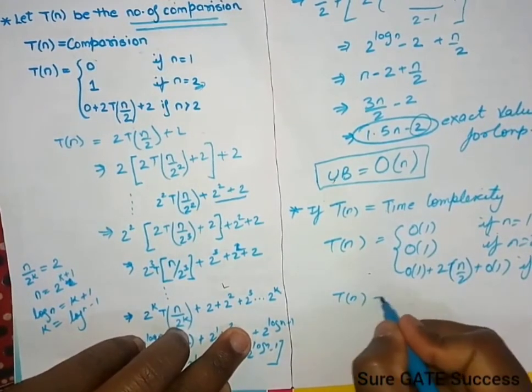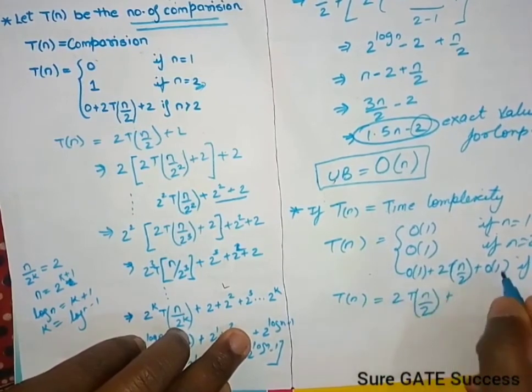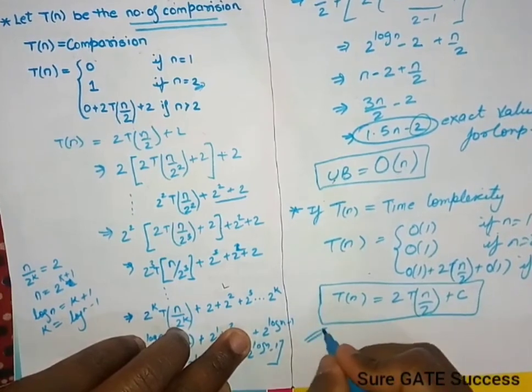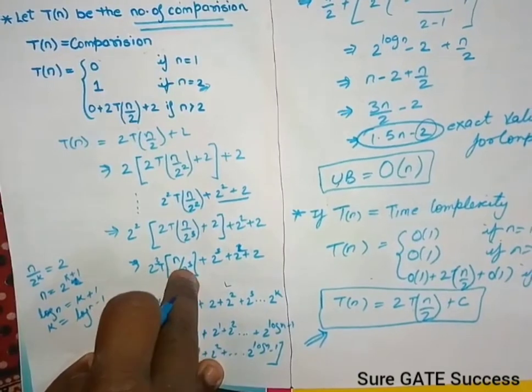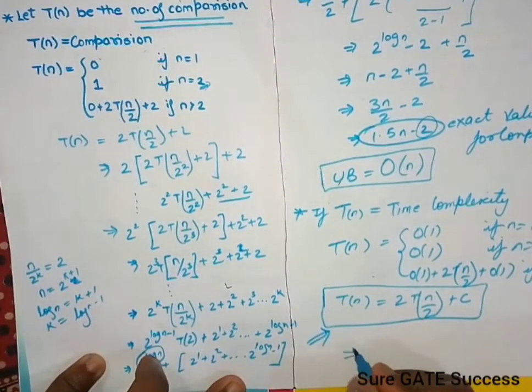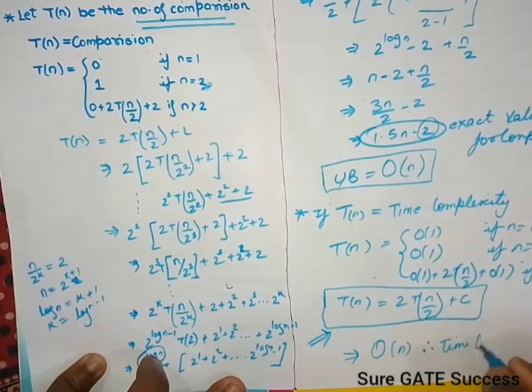We can solve this equation 2T(n/2) plus order of 1 using the same substitution method, and if you solve it further, you will get order of n, which is the time complexity.